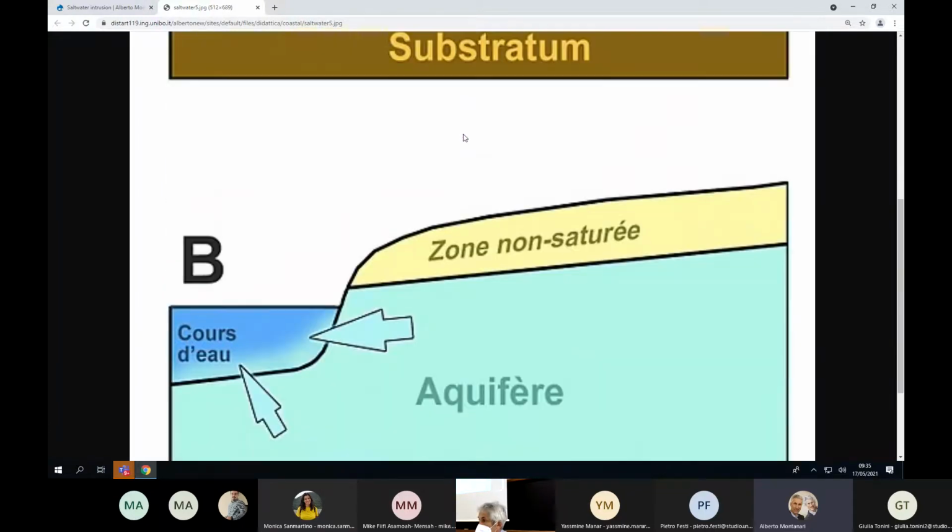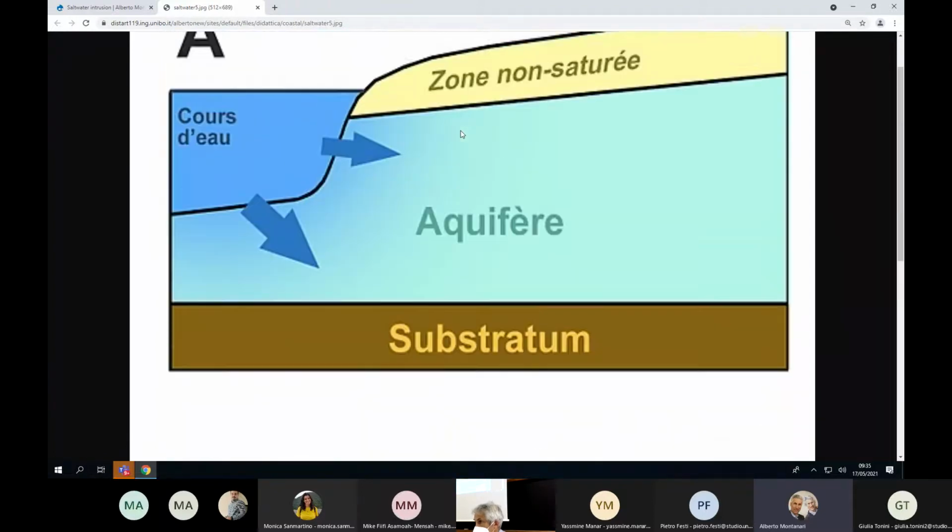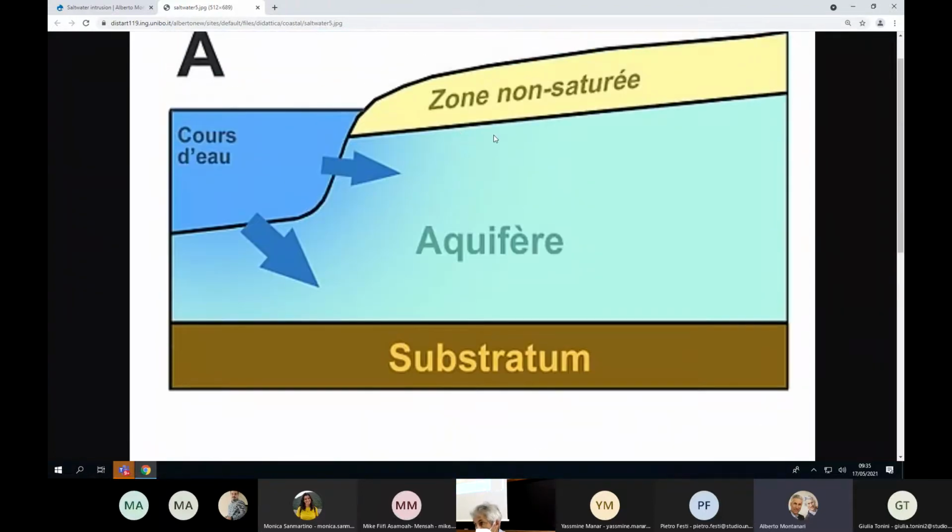And I assume that you see that the flow of the aquifer, or the flow of water, can be in two directions. It may be saltwater intrusion if I have a level of the sea that is higher than the level of the water in the land.